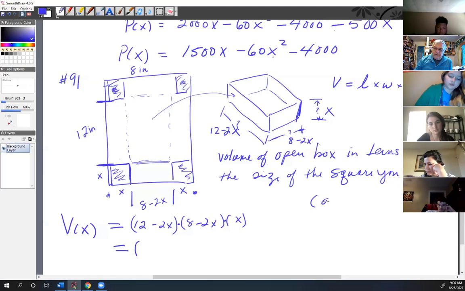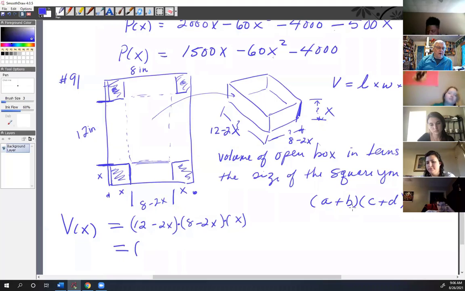We call this, what did you call that? You learned that in high school. I'm thinking all of you probably learned that. Multiply 2 binomials. You used a method that your instructor called FOIL.